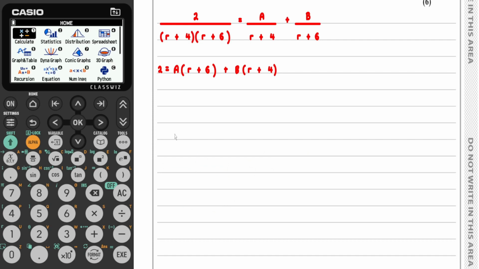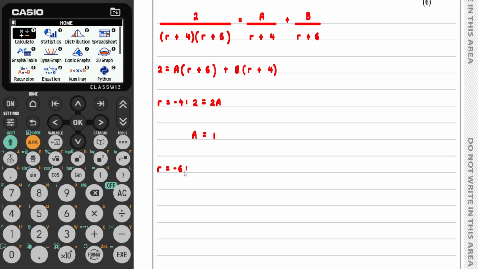So, to find out what a and b are, we can choose values of r to help us. Now if I choose r equals -4, this term will disappear, leaving us with 2 equals 2a, and therefore a is equal to 1.